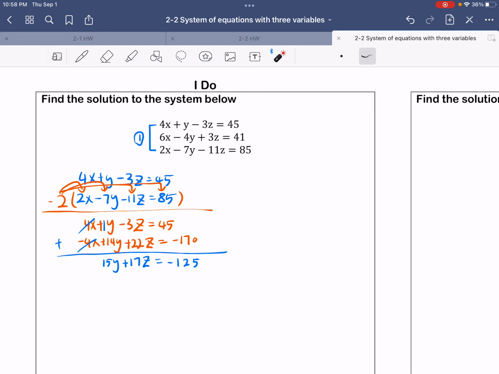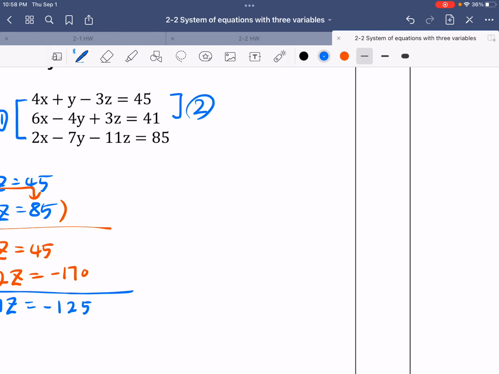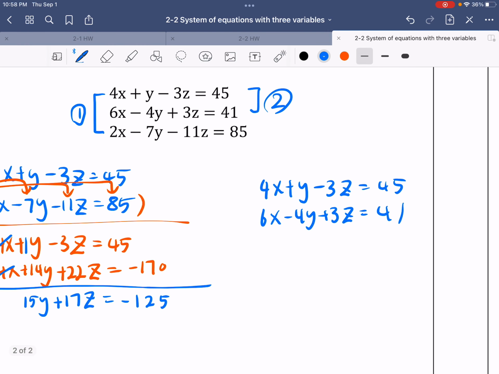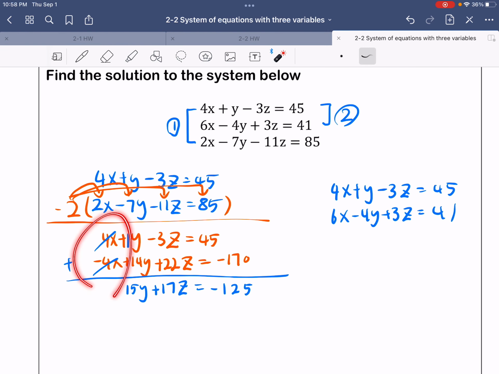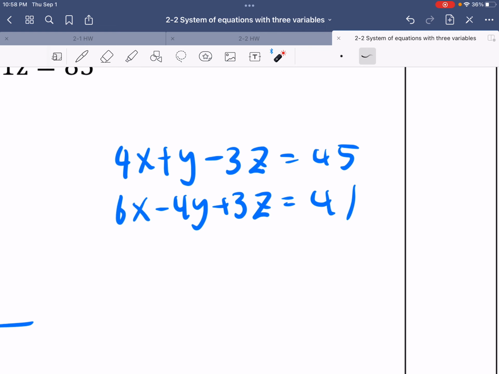And second step, you're going to choose another two equations. So I have this one and this one. It does not matter which one you choose, but let me choose this one, okay? So let me write this one down again. Now, I got rid of x here, so I also have to get rid of x here, okay?